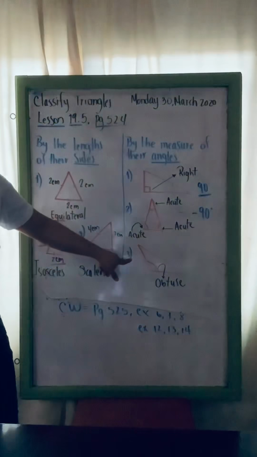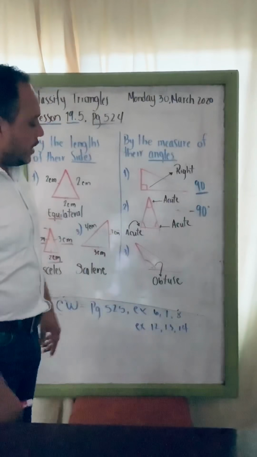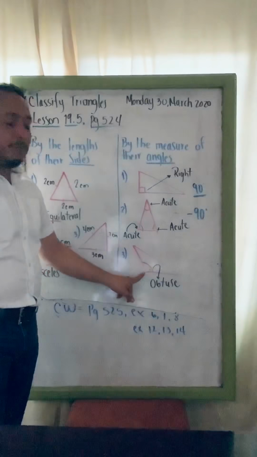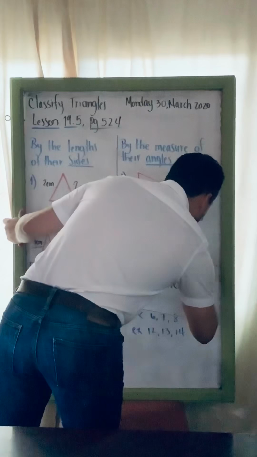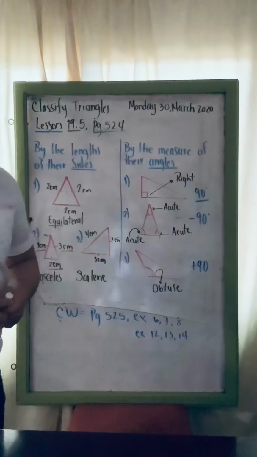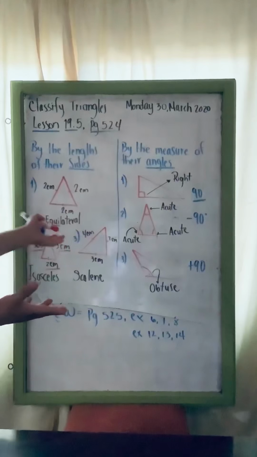And finally, we have number 3. In this case, you notice it's a very funny triangle. It looks weird, right? In this case, we have an obtuse angle. An obtuse angle measures more than 90 degrees. I repeat, the measures of the angles is a lesson that you studied a little before.